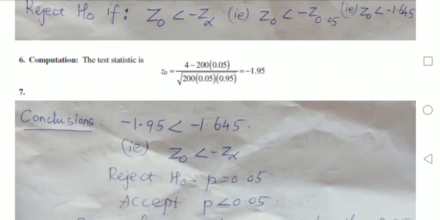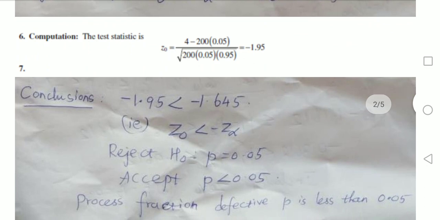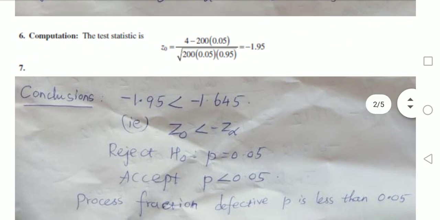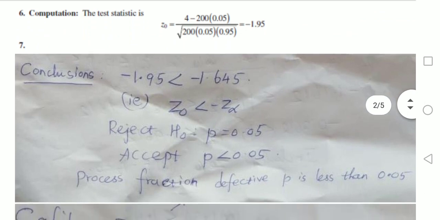So here we have to reject H naught, that is, we reject p equal to 0.05. That is, we accept the alternative hypothesis p less than 0.05. That is, the process fraction defective p is less than 0.05 only.